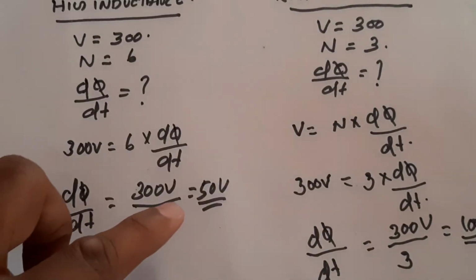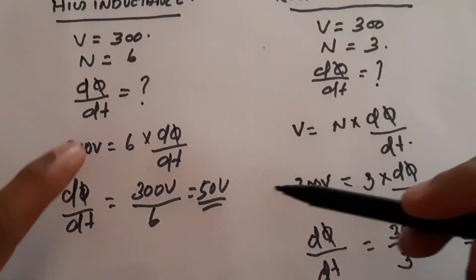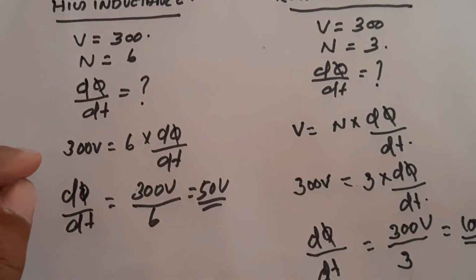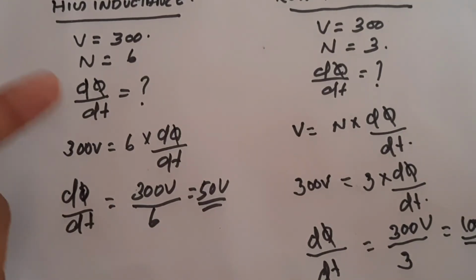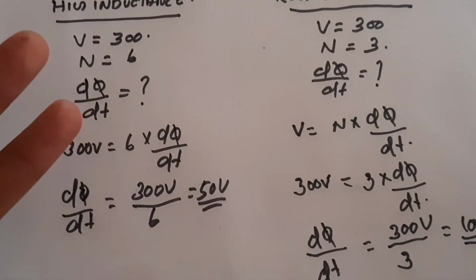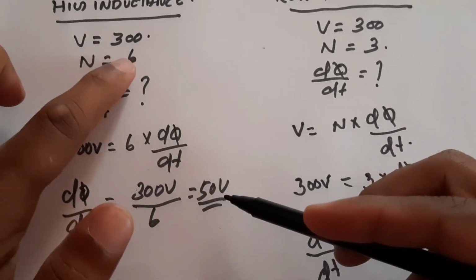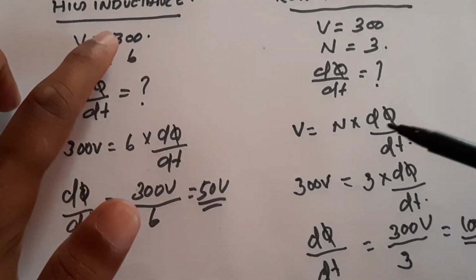That is why the change of flux is low in the case of high inductance. There are more turns, which means the change in flux can be minimal. Each change in flux is linked to more turns, 6 turns, and the total becomes 300 volt.